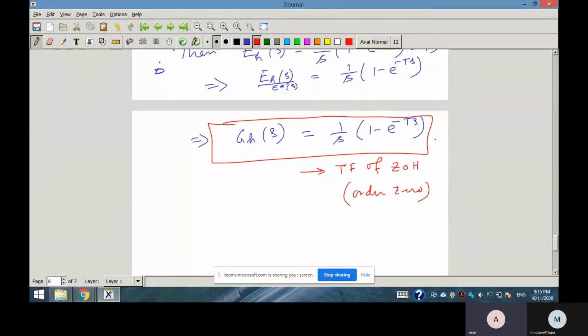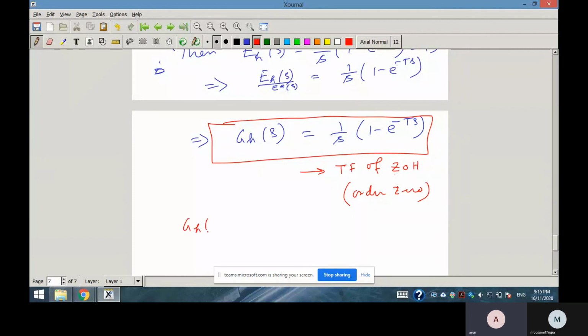If we expand, it will be 1 minus (1 minus Ts by factorial 1 plus T square s square by factorial 2 and so on). Because of the presence of 1, the 1 will get cancelled, and ultimately it will be of zero order.